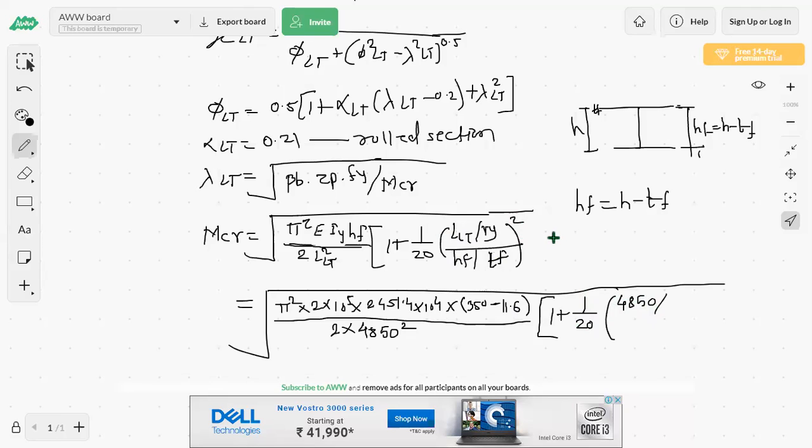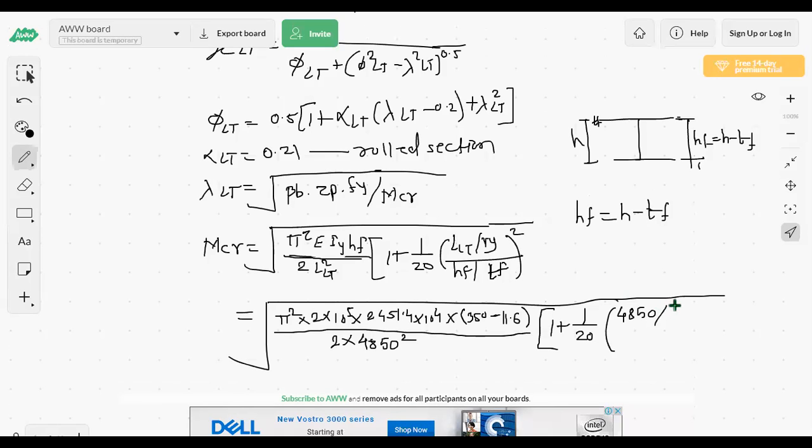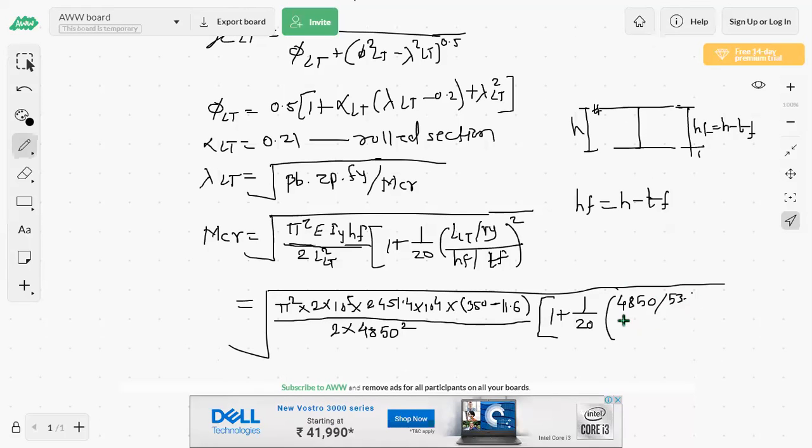How much is the RYY value? 53.4, correct Sonali, 53.4. Others also please give me answers.